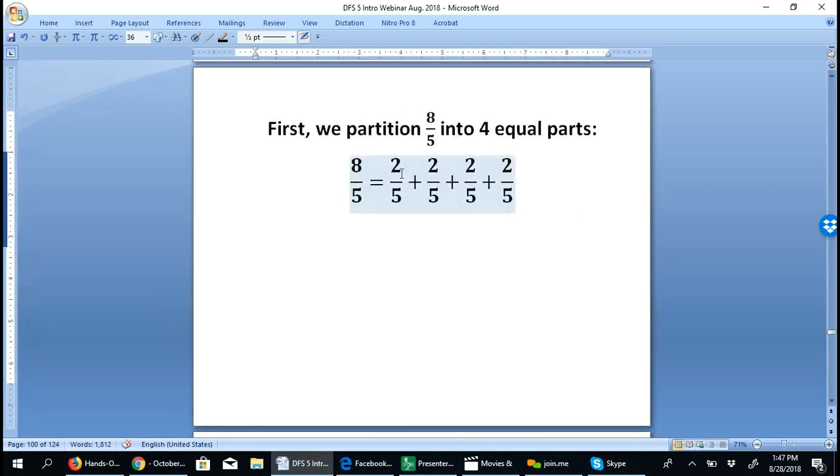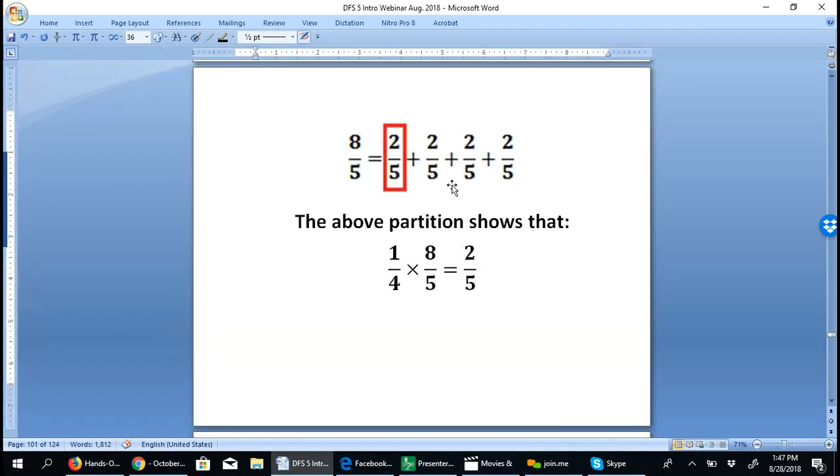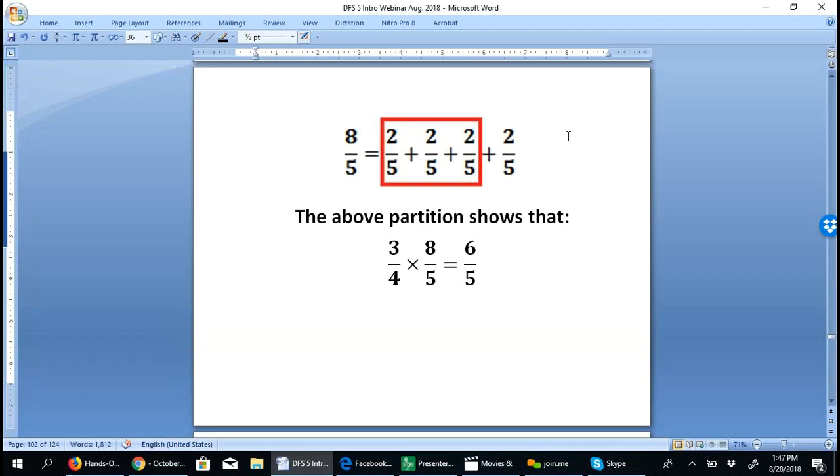You do it this way. 8/5 is equal to 2/5 plus 2/5 plus 2/5 plus 2/5. And now we see that 1/4 of 8/5 is 2/5, and we see that 3/4 of 8/5 is 6/5. Okay, if this is a little fast for you, you'll have the video.